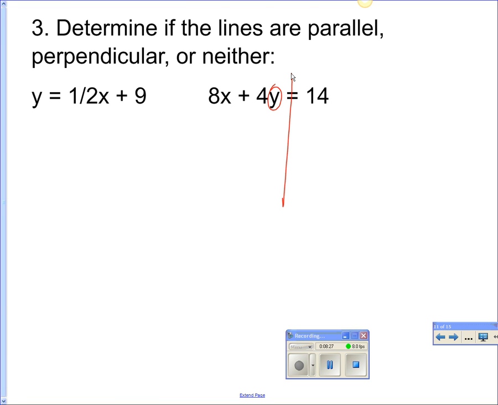James, no, Julius, finish this one, then I'll call on James. Julius, finish this. What do I have to do? Then what? All right, Julius, does 14 divide by 4? Good. I want a fraction. And then what?